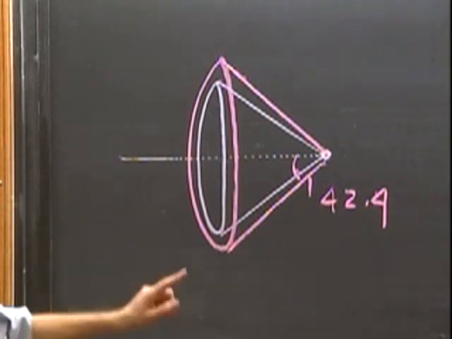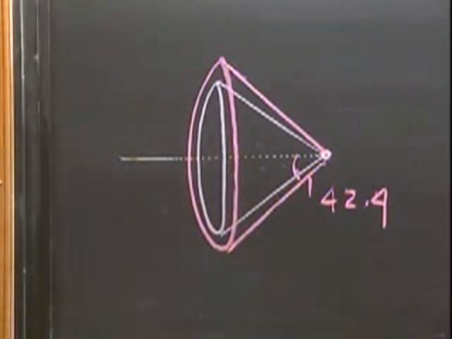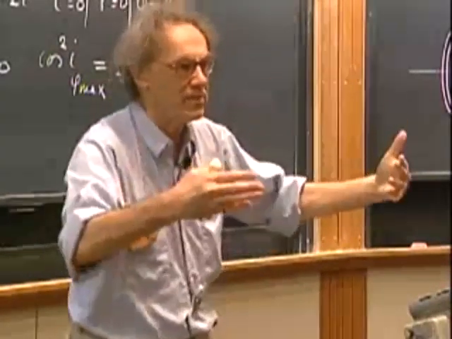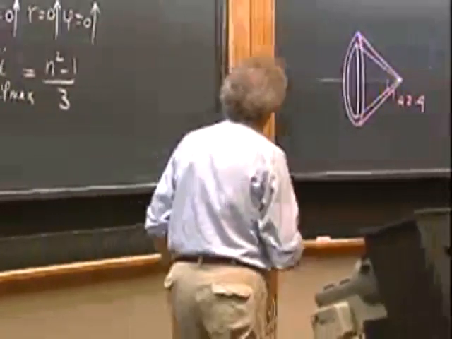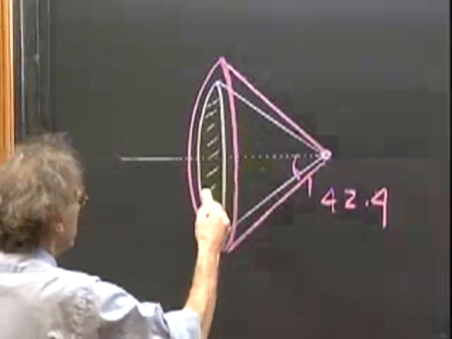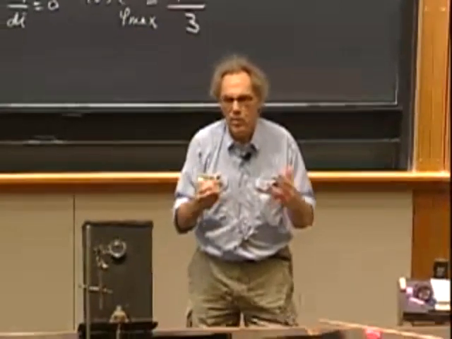At angles smaller than the maximum value for violet light, all colors are being reflected back. There is no restriction. There's only a restriction on the maximum value for phi, but not on the minimum value. That means all other colors can come back inside this cone, and therefore, since all colors come back roughly with the same intensity, it will be white light.